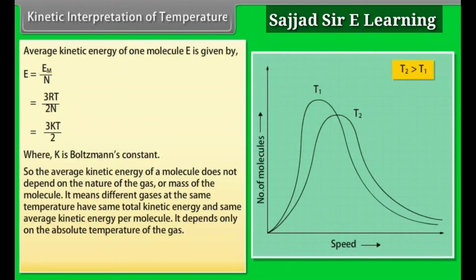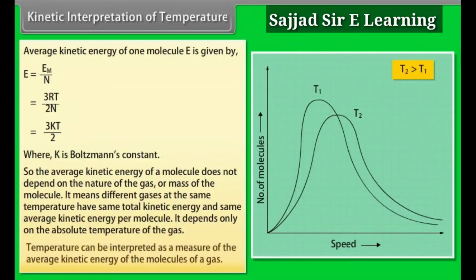It means different gases at the same temperature have the same total kinetic energy and same average kinetic energy per molecule. It depends only on the absolute temperature of the gas. Temperature can be interpreted as a measure of the average kinetic energy of the molecules of a gas.